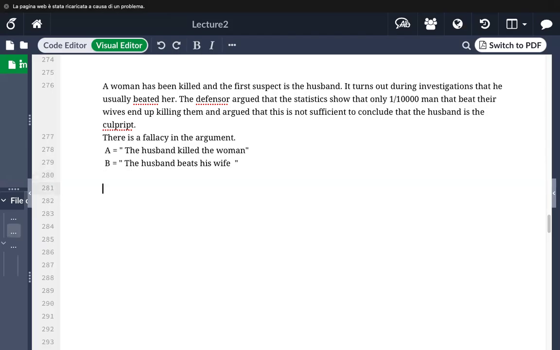So what that statistic tells you is that 1/10,000 is equal to the probability of A given B.